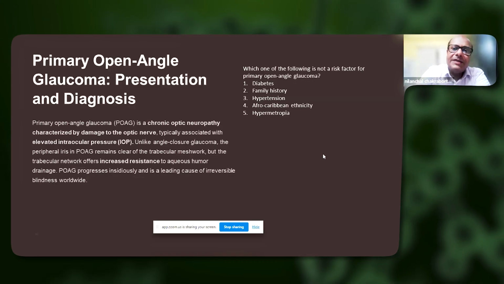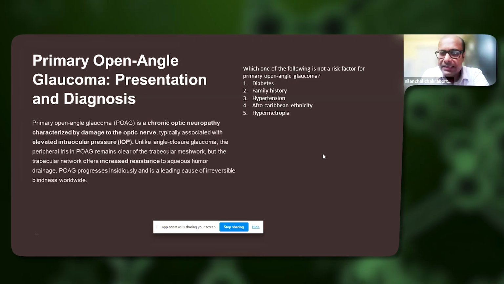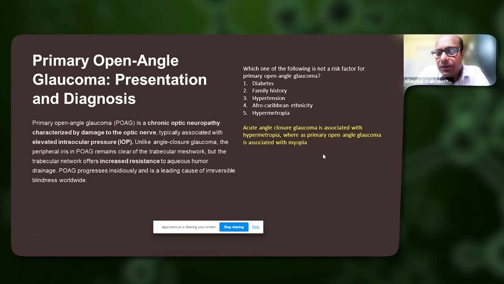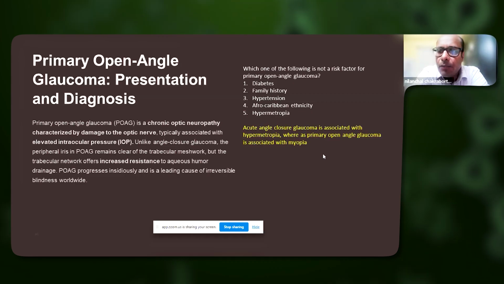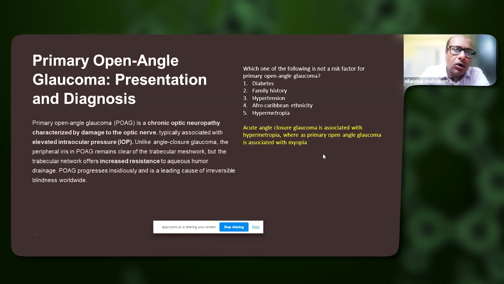So if you think hypermetropia is a risk factor, it is a risk factor for acute angle closure glaucoma, not for open angle glaucoma, where flow is disturbed but not occluded.